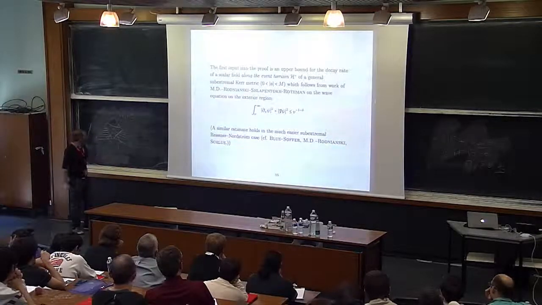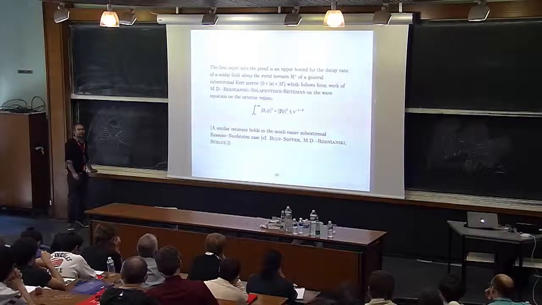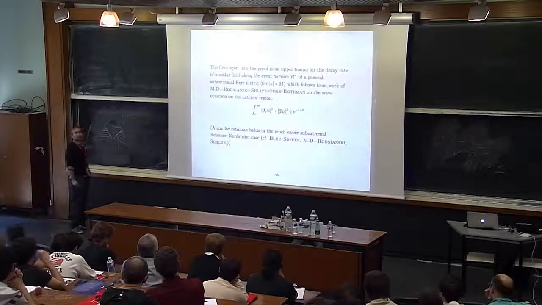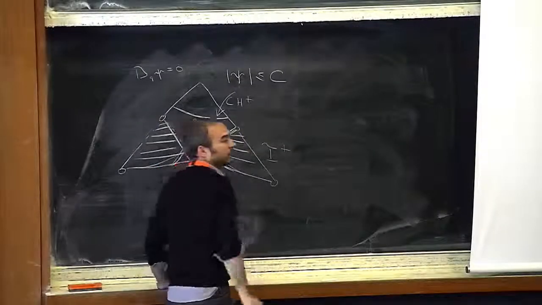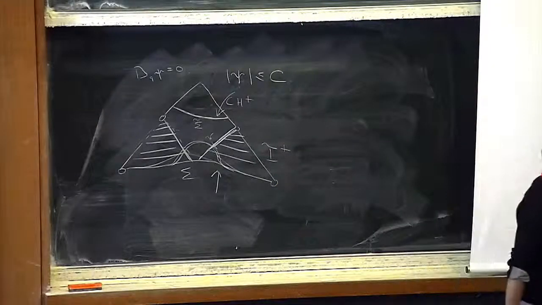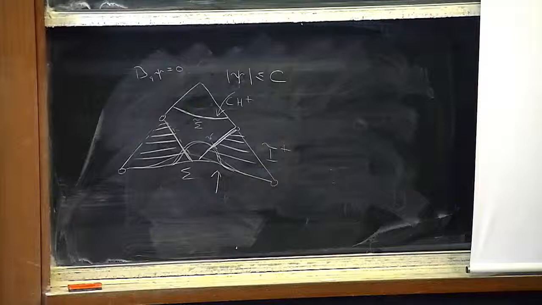In any case, the only thing that you really need to distill from that is that along the event horizon, you have polynomial decay in terms of a suitable coordinate, which I'll call V. It's an Eddington-Finkelstein type coordinate, for those of you who know of this form. And you need this flux, you can think of this as a flux, to decay at this rate, and delta is anything greater than 0.